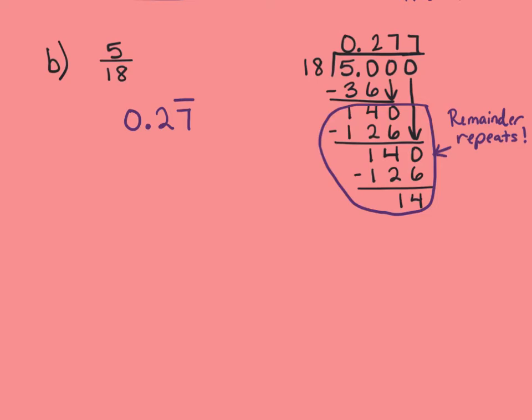You could have a case where you have 2 or 3 or more digits that repeat. For example, you could have 0.27, 27, 27, and then you'd put the bar over both digits, 2 and 7. But since only the 7 repeats, that's the only digit that goes under the bar. And this is a repeating decimal.